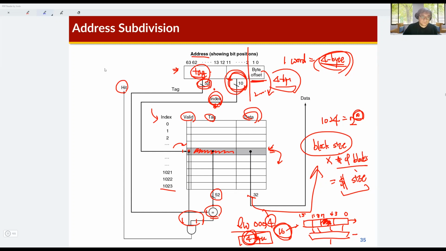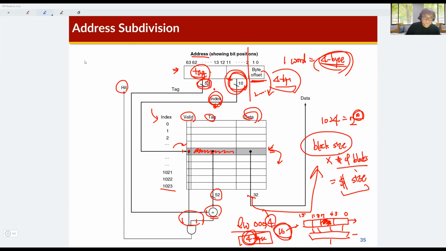Okay, so in the previous class, we learned about the organization of cache. Actually, we learned about the organization of direct mapped cache. As I explained, we learned about the pipeline processor in chapter 4, and this pipeline processor includes instruction memory and data memory, but these are actually level 1 instruction cache and level 1 data cache respectively.